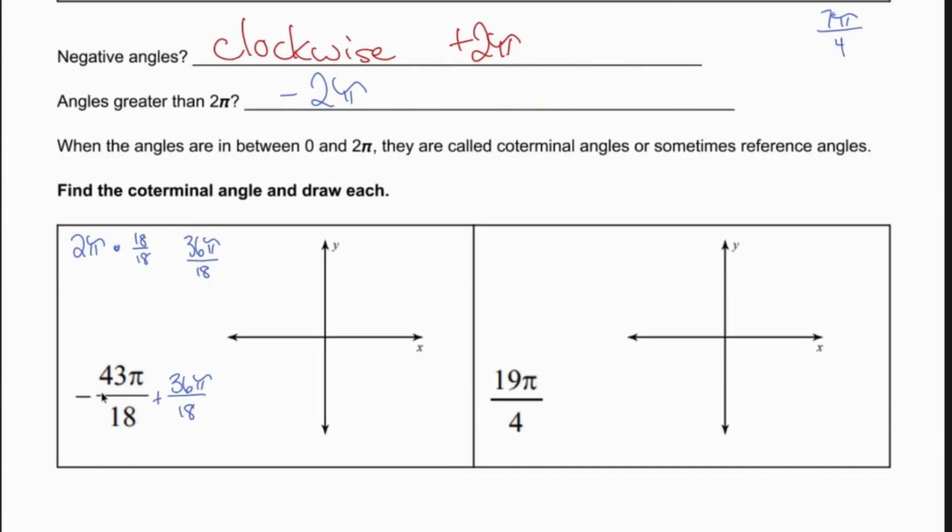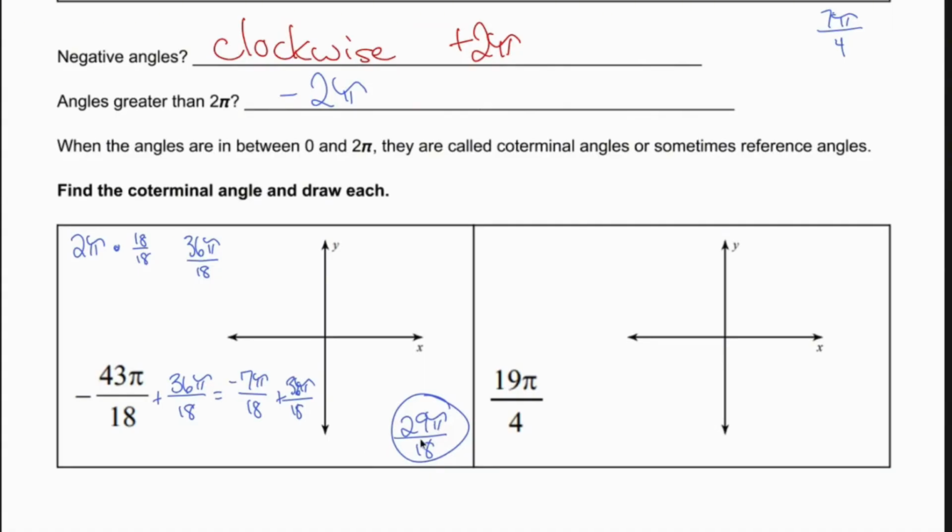So negative 43 pi plus 36 pi is going to be negative 7 pi over 18. Not what I want. So I need to add another 36 pi over 18. 36 pi plus negative 7 pi is going to be 29 pi over 18. That is smaller than 36 pi over 18, so I'm golden.